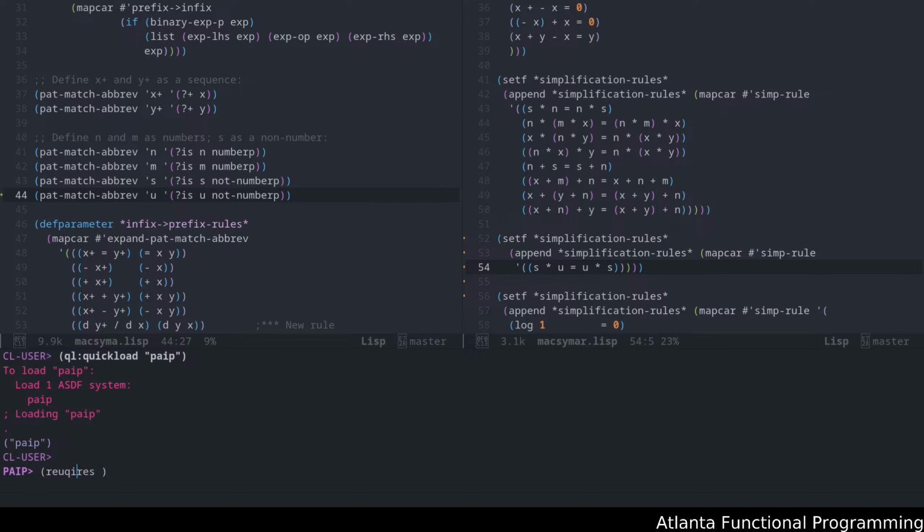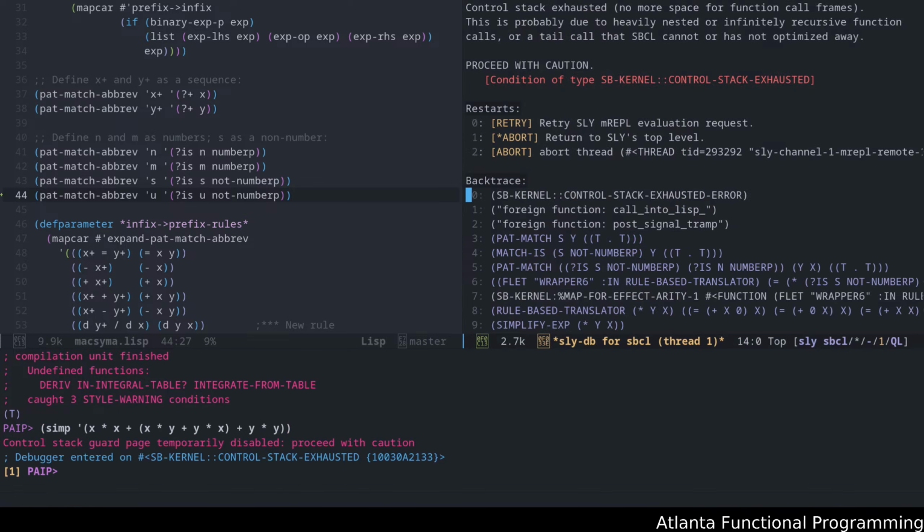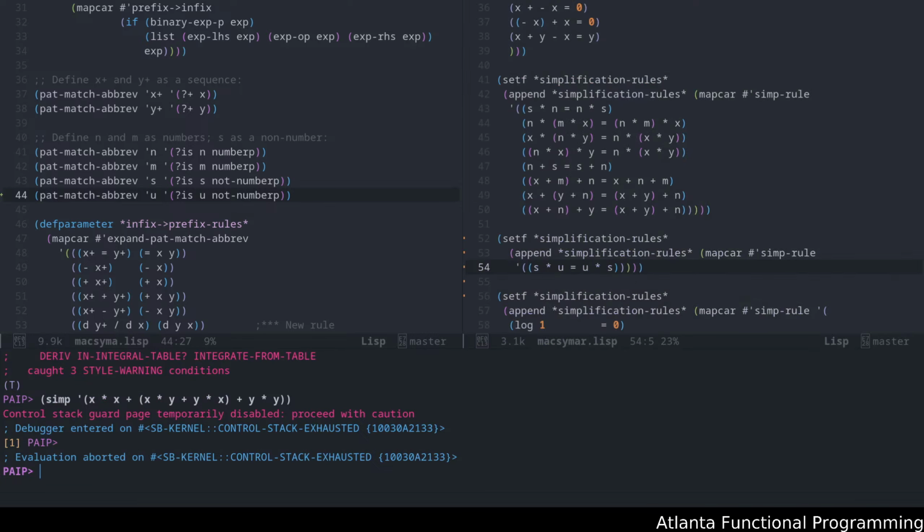Requires a R. Okay. Let's run the simplifier that we ran here. And okay, so that is the problem.